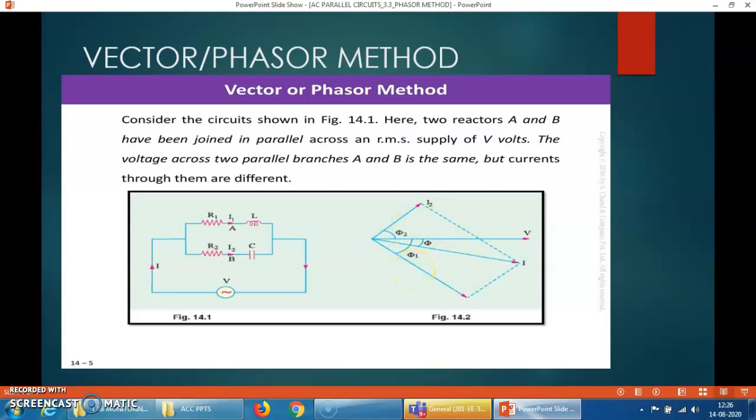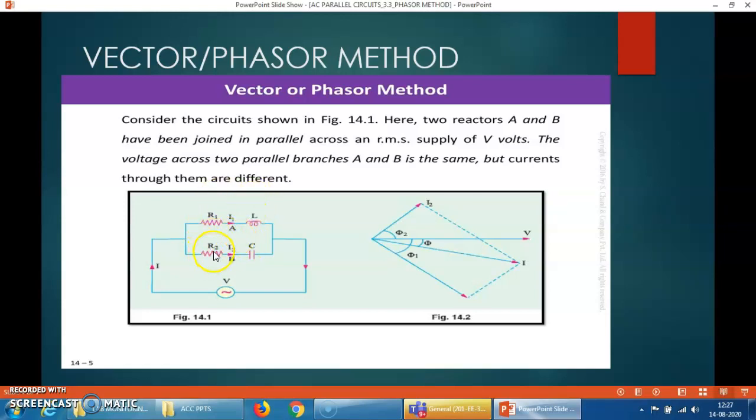Now how to solve the circuit and find the value of the current I. In the first branch there is R and the inductor L, so XL is the inductive reactance. The impedance of the first branch, Z1, is equal to R1 minus jXL, or the root of R1 square plus XL square.